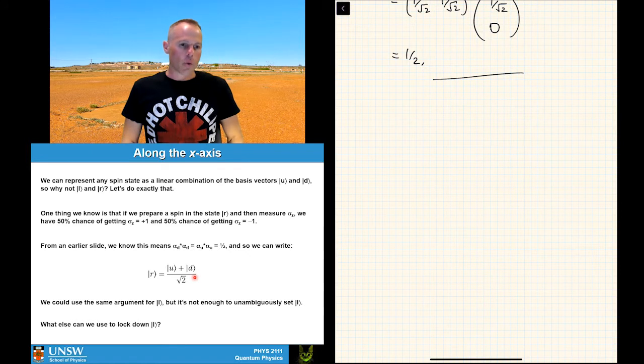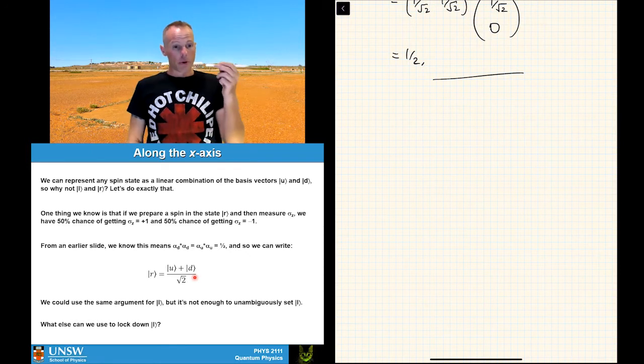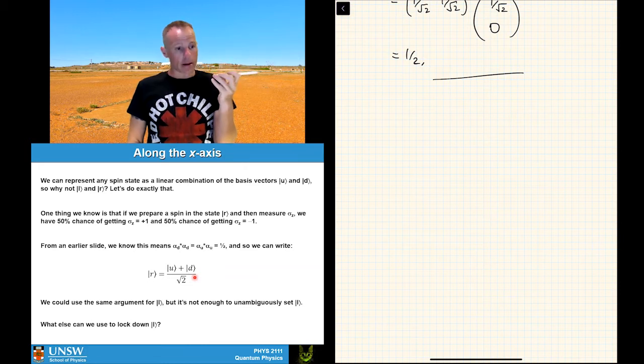You would then go, well, now we want left, right? And we remember if we have a vector pointing to the left, then it's got a 50% probability of pointing up and a 50% probability of pointing down.